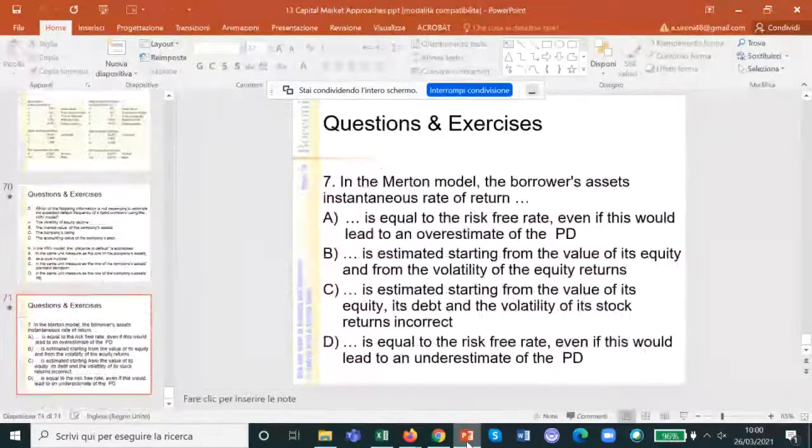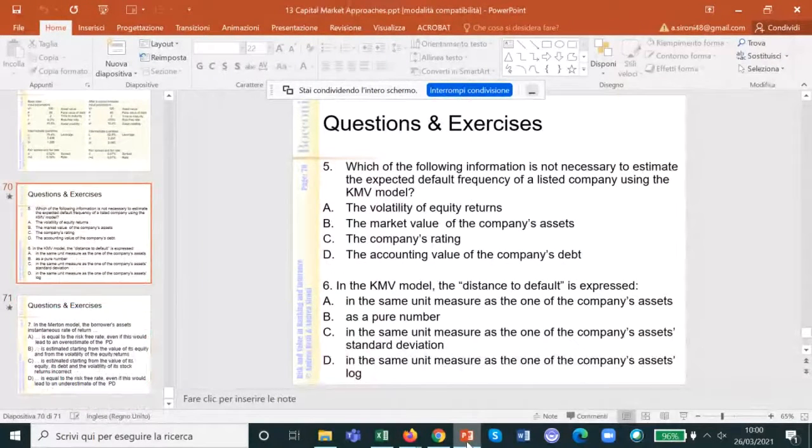Okay. Finally, which of the following information is not necessary to estimate the expected default frequency of a listed company using the KMV model? Volatility of equity returns, the market value of the company's assets, the company's rating, the accounting value of the company's debt.